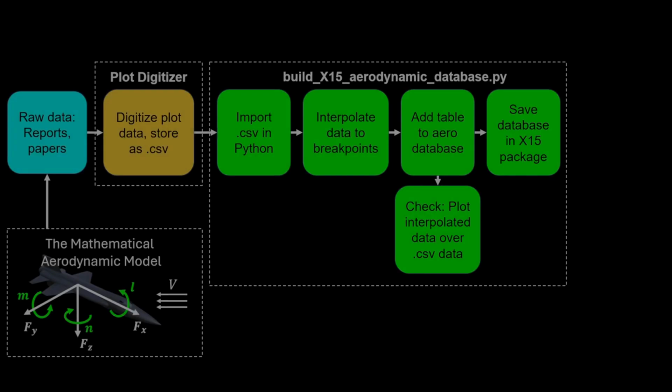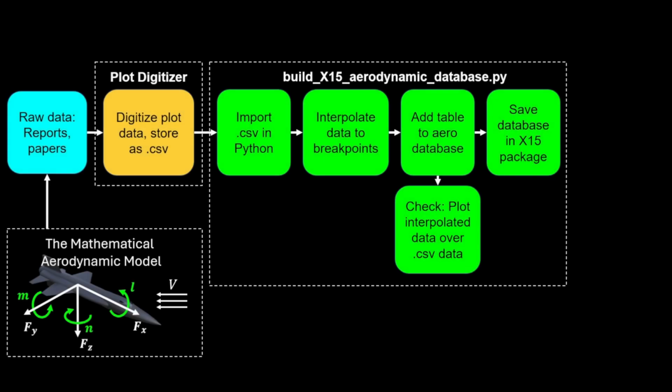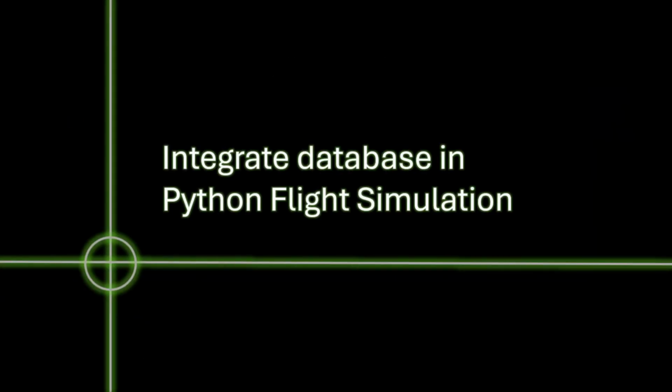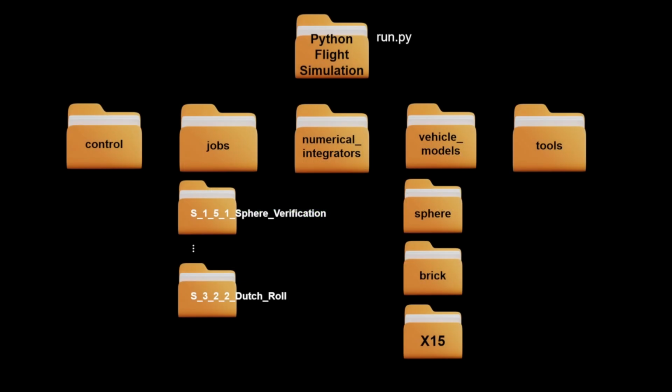We're now at the final stage, integration of the aerodynamic database in the Python flight simulation. When we integrate the aero database in the simulation, we update the contents of two folders, the corresponding jobs folder and the vehicle model folder.